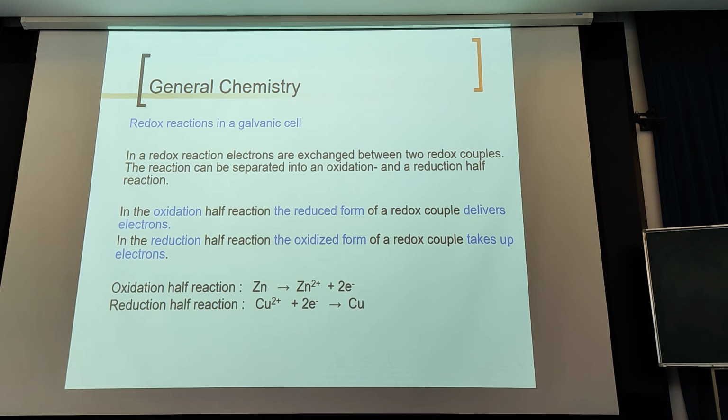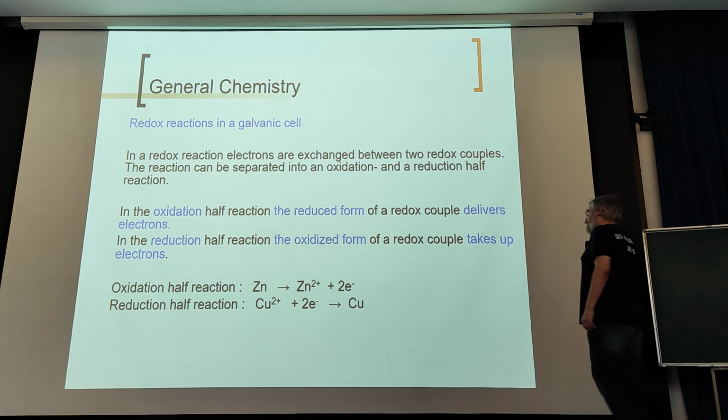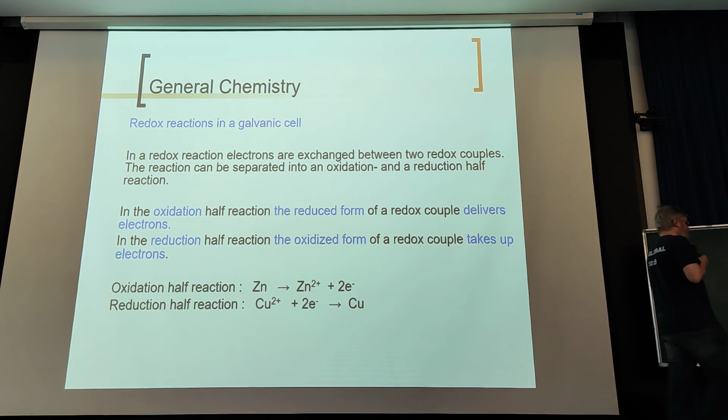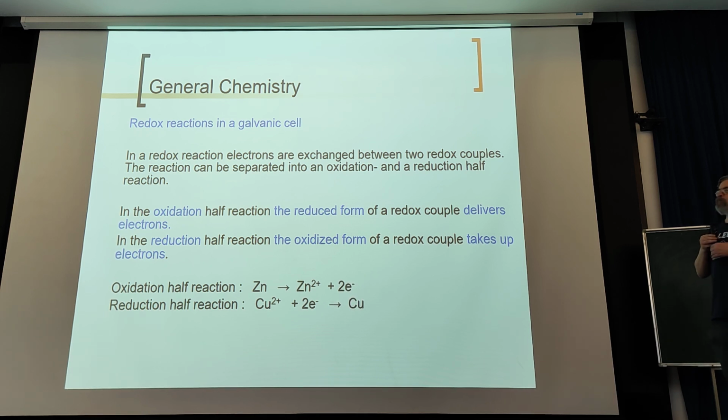The other half has to do with copper, and now you can see that copper is going to take up those 2 electrons and become copper metal. In the oxidation, zinc has increased its oxidation state from 0 to +2, and therefore that's an oxidation. And in the reduction half reaction, copper is lowering from 2+ to 0. So copper 2+ salt is reduced with 2 electrons to copper metal. Quite simple examples.